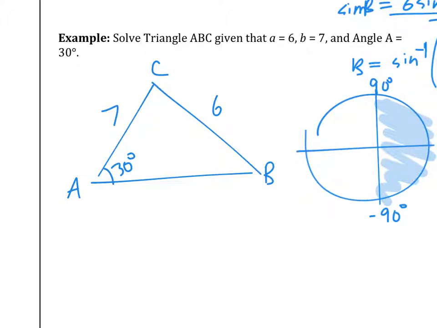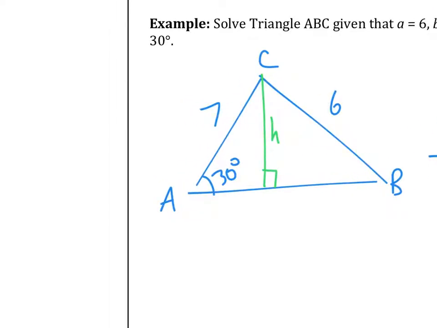Maybe. All right, let's find the gatekeeper. The gatekeeper is my H. I want to see, can I swing this side 6 so that it could be inside H and 7? Well, that depends on how long H is. So let's find H.